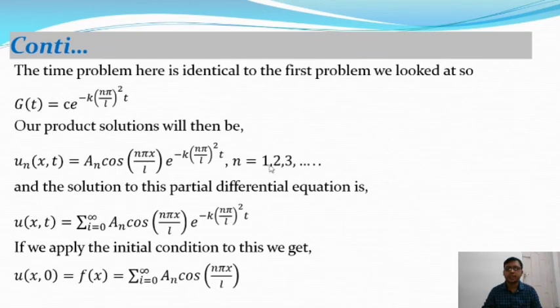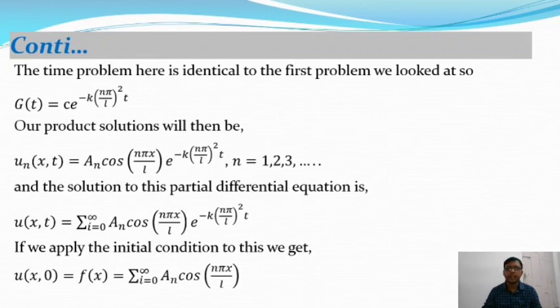So the solution of the partial differential equation is u of x comma t is equal to the summation from n is equal to 0 to infinity of A n into cos n pi x by L into e to the power minus k into (n pi by L) whole square into t. Okay, this is the general solution of the partial differential equation.